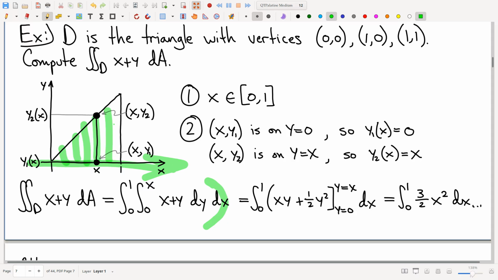Let's think about where's the first one and where's the last one. The first one is here. It's like a little micro slice that doesn't have any height, but that's the first little teeny tiny slice. That's clearly at the origin. What is the x coordinate of the origin? Well, no fancy reasoning required. Sometimes it's really clear. The x coordinate of the origin, 0.